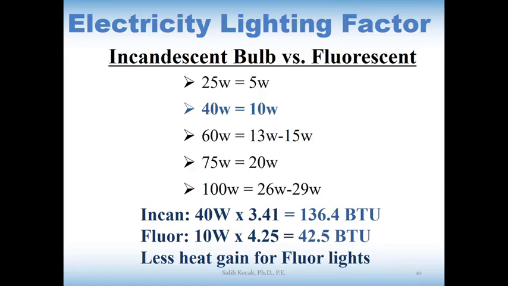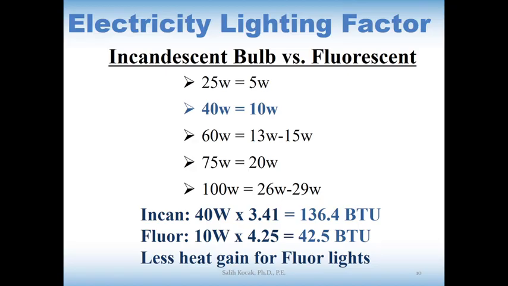They are going to provide the same amount of lumens, the same amount of brightness inside the space. So using a fluorescent light, 10 times 4.25, it is going to provide 42.5 BTUs. But to get the same amount of light using an incandescent bulb, 40 watts times 3.41, it is going to be 136.4 BTUs.